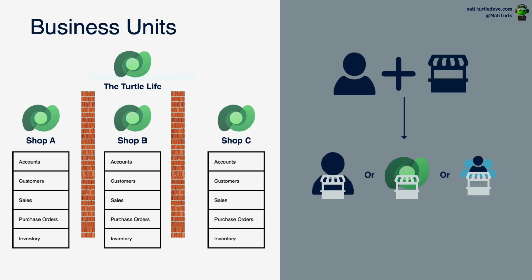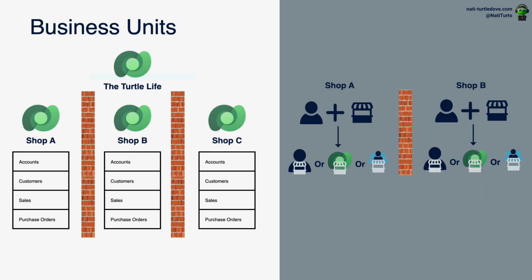So what that practically means is, if you look at this next diagram, we've still got our shop A, shop B, and shop C business units with all access to the accounts, customers table, etc. But Steve in shop A creates a record based on how those tables are set up. Let's just say now he's the direct owner of it. He becomes the record owner of that sales transaction because he forms part of the business unit shop A. That record is then owned by the business unit shop A, meaning that people in shop B can't see that record.